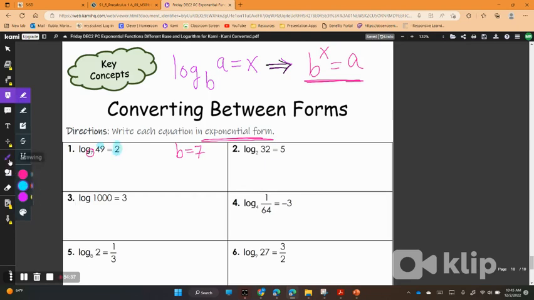Then our x, and then our a. Make that a different color so we try to keep these separate.